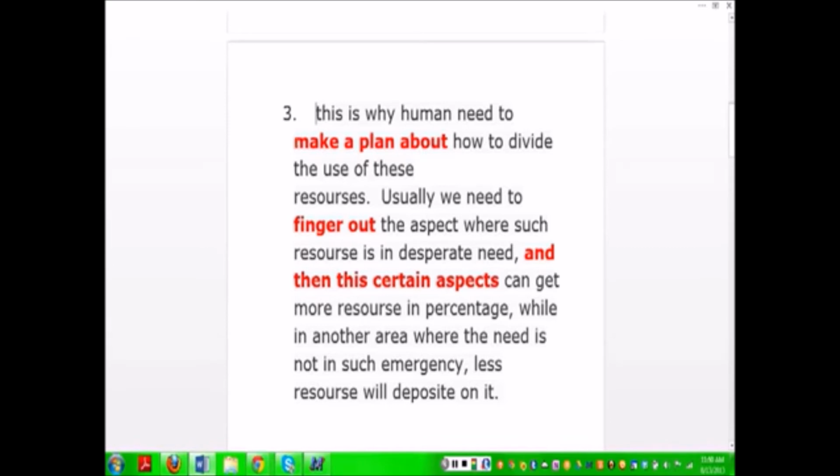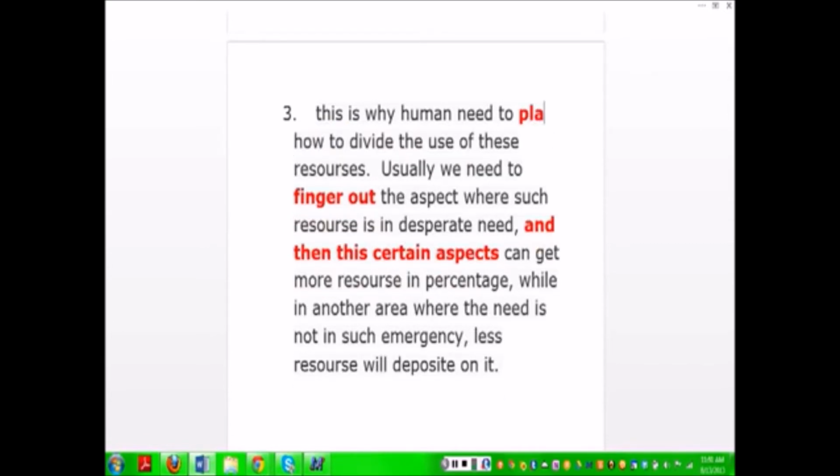Make a plan about. This is one of those instances where you have a noun, plan, that also can be used as a verb, so you should use the verb. So there's a need to plan how to divide the use of these resources.